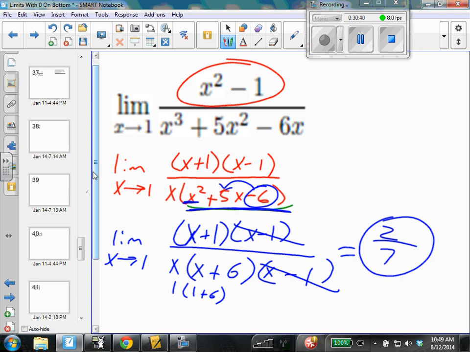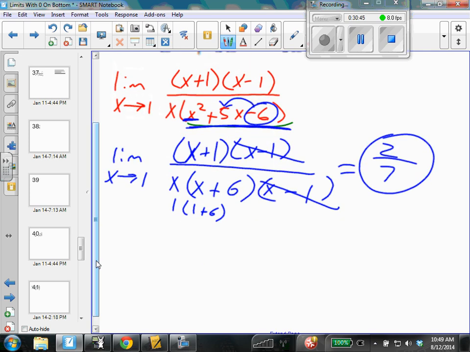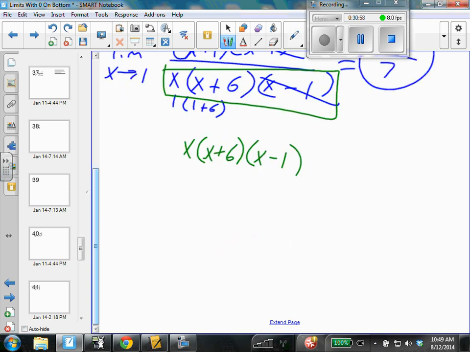Maybe. Yeah, because what happens when you factor it out? I mean, it's whenever you have this thing right here. Okay, and so x times x plus 6 times x minus 1. When you have these numbers, you can multiply them any way you want to, right?